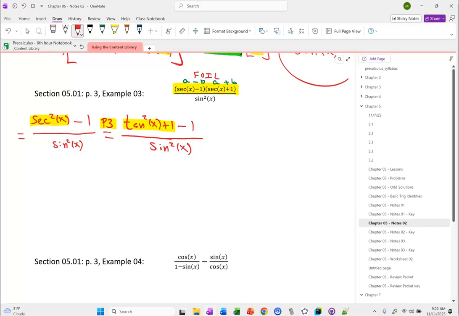But what do you notice is going to happen now that we've done that? Isaac? Yeah, so what cancels out? There's no secant squared anymore because we did the identity. I have a plus 1 and a minus 1. Everybody's okay there?